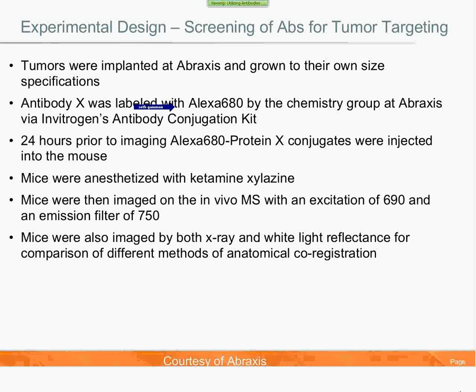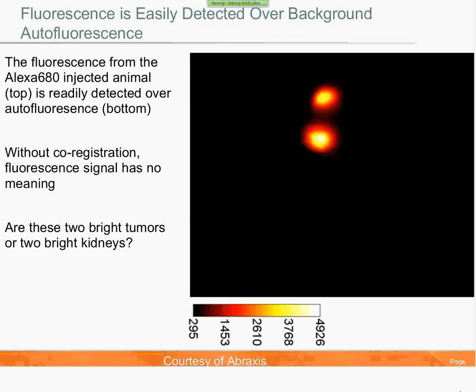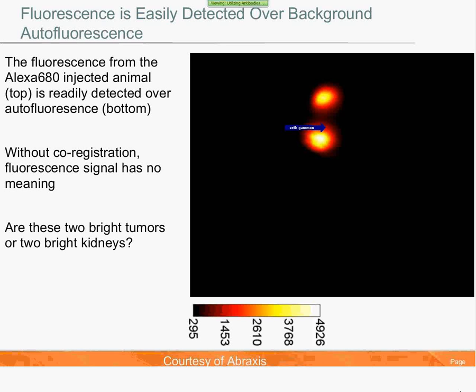Then when you co-register with an X-ray image, one can clearly see that this is being taken up in the kidneys as opposed to the tumor. So unfortunately, this particular antibody was not appropriate as a therapeutic antibody, as it primarily lodged itself in the kidneys.